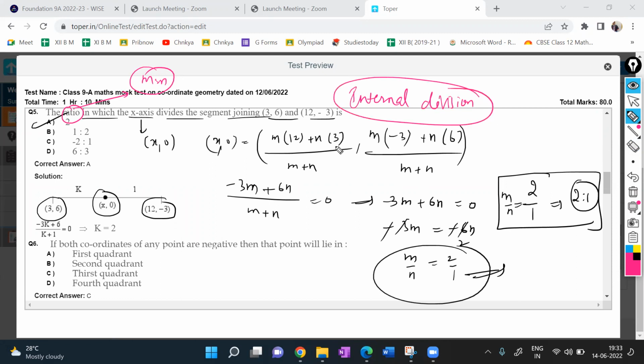What is the formula? M x2. This is x1 y1, x2 y2. First point is x1 comma y1. Second point is x2 comma y2. Clear? Any doubts? No doubt, sir.